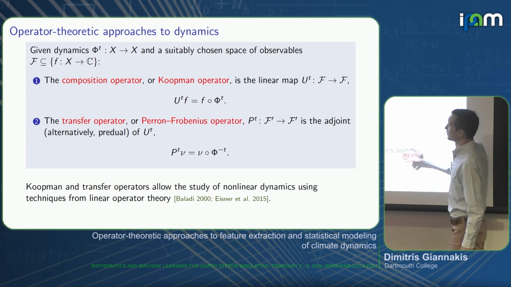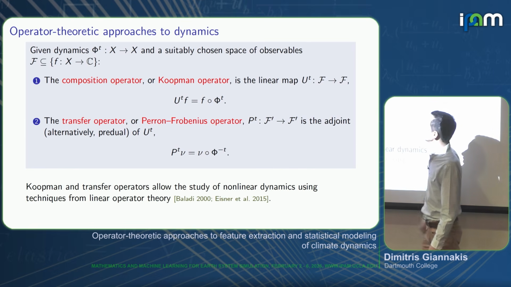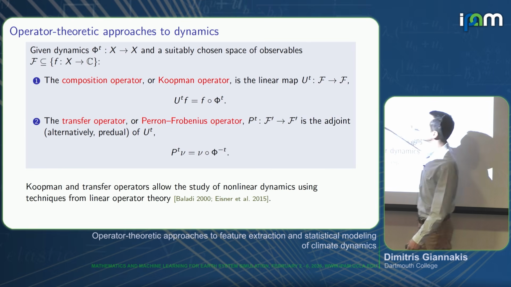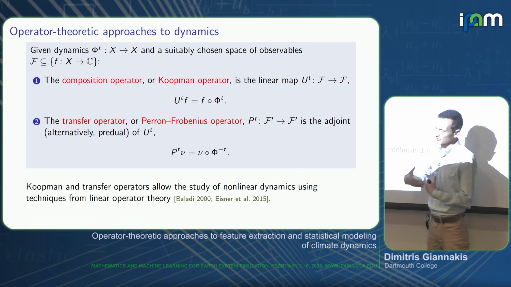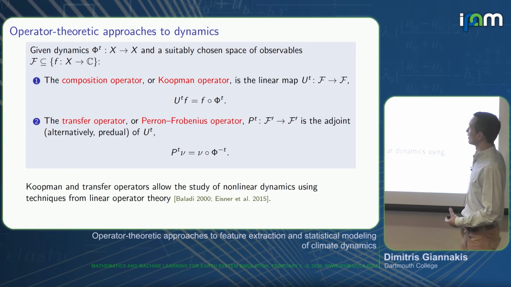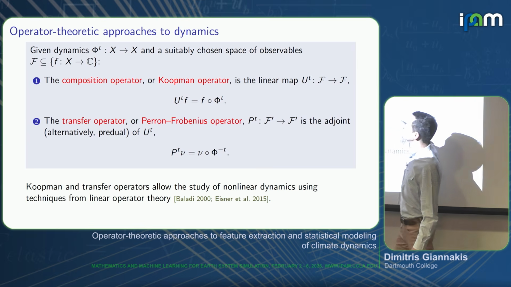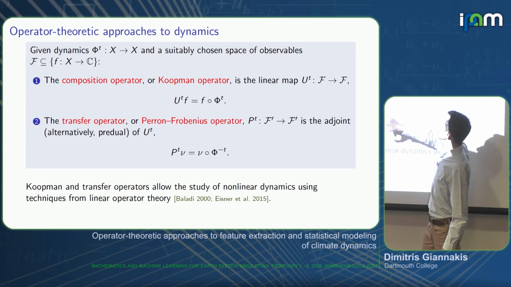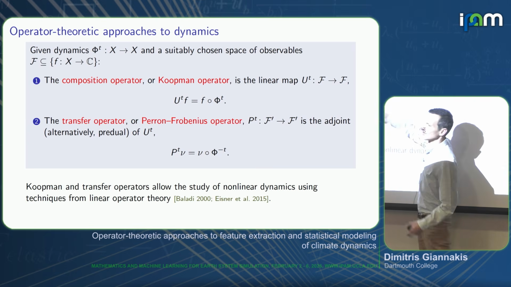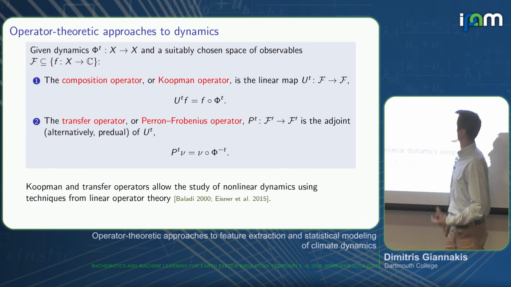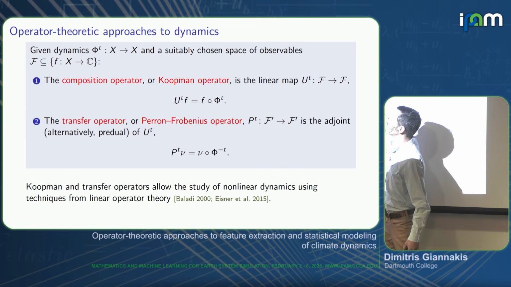So think of it as a transformation on the space of observables, which takes as an input an observable f, so some quantity of interest, and returns a new observable such that when you evaluate it, you basically first advance the evaluation point by the dynamics over time t, and then evaluate f.